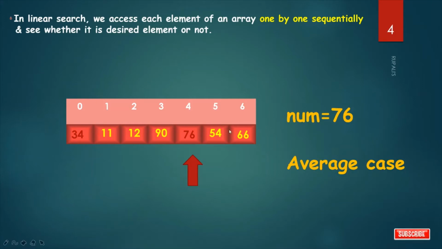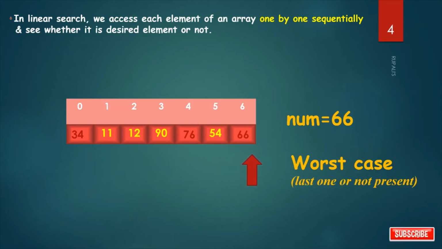Or if I want to search say 97, is 97 present here? No. So you have to search the whole array and finally you conclude that 97 is not present in this array. So this is the case for worst case, if the element is the last one or not present at all.